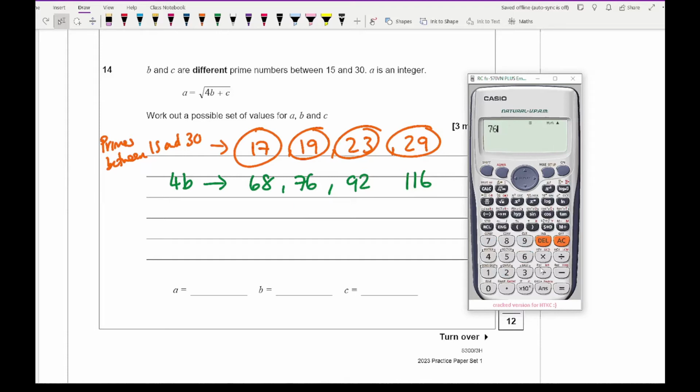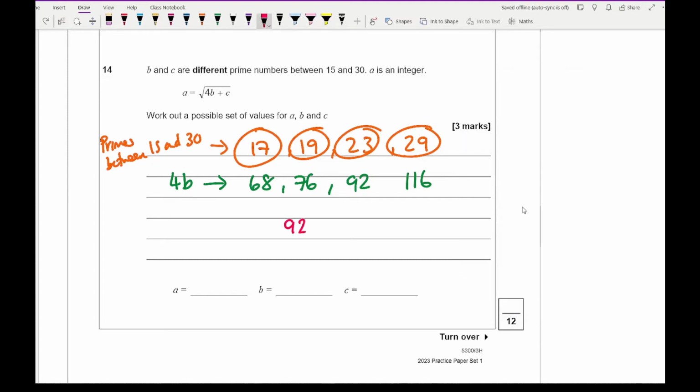So 76 plus 29 gives me 105. That's not a square. I don't need to do 92 plus 23 because I've already used 23. So if I then do 29 rather, I've got 92 plus 29 equals 121, which is a square number, so that does work.